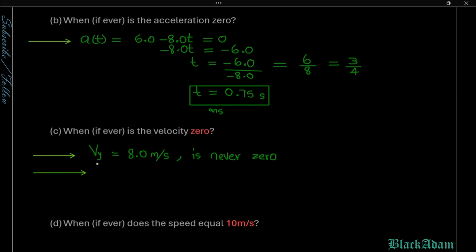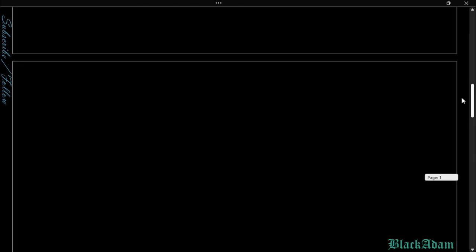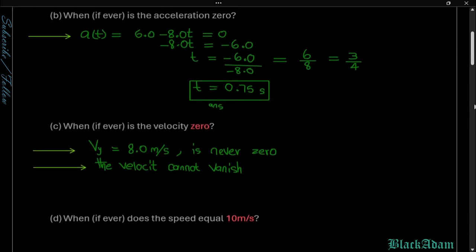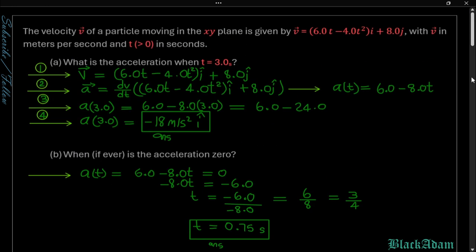So our answer is that the velocity cannot be 0, because the vertical speed is not 0.